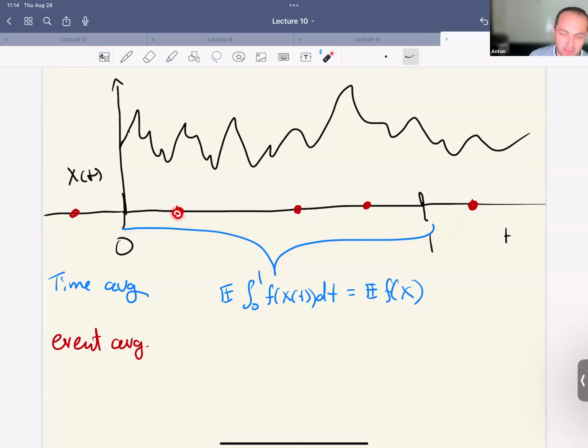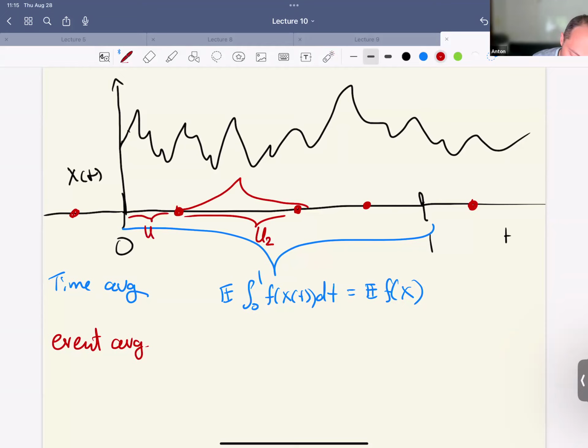My event average says I would like to observe the process somehow centered or focused around these red arrival times. So how do I draw a connection between the blue and red quantities? Well, if I observe my process at these red quantities, I can look at the average, and let's say this inter-arrival time is U2.